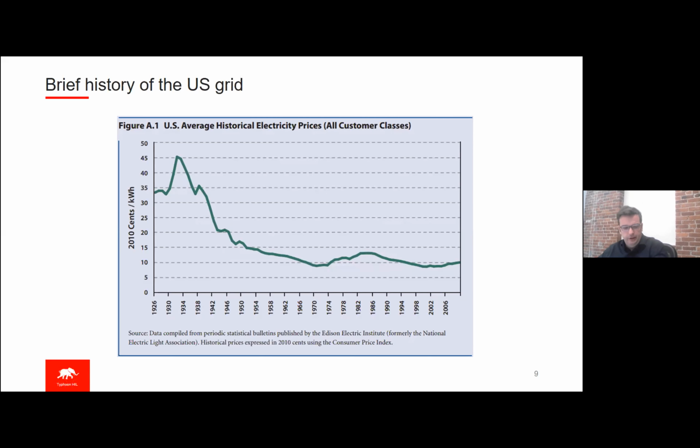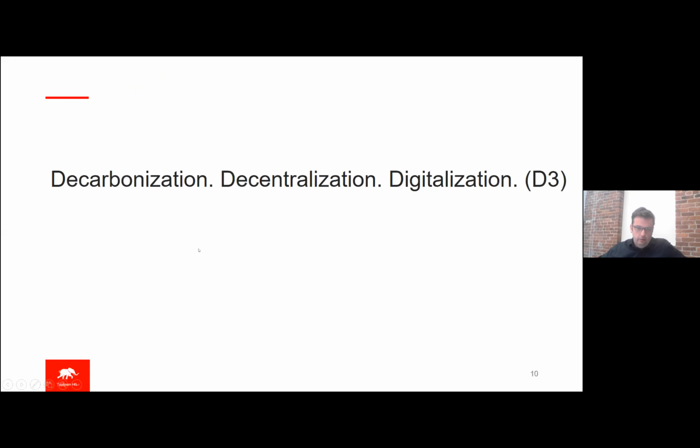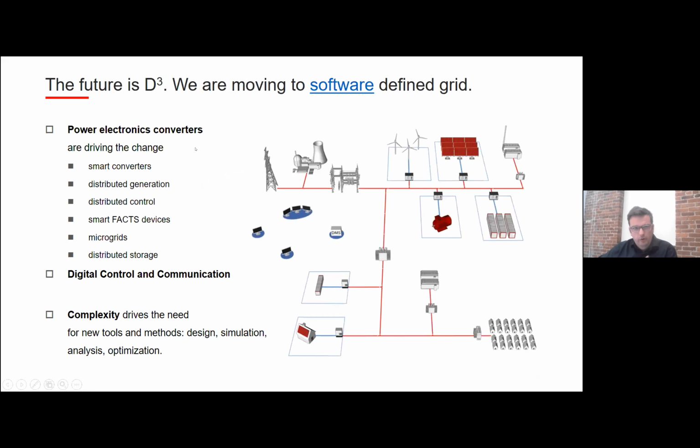So we got this somewhat optimal system, but what we were not planning for was the need for what I like to call D3: decarbonized, decentralized, and digitalized. This new approach to the grid, which is highly driven by power electronics and what I like to call the software-defined grid, is fundamentally different, because it requires integration of all the renewables at the distribution level, a large number of renewables.